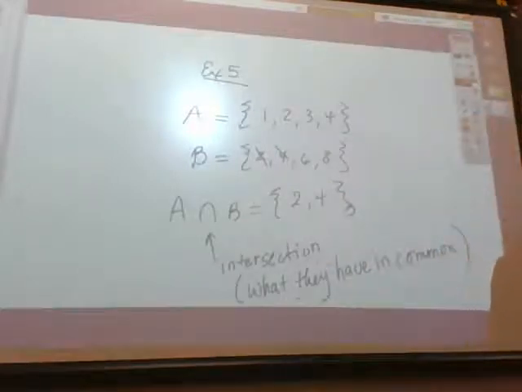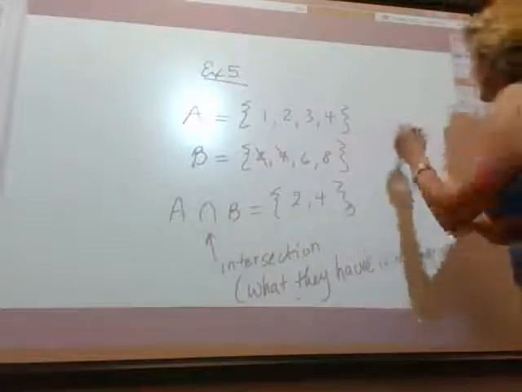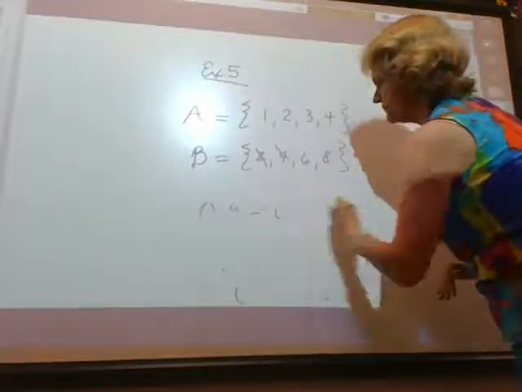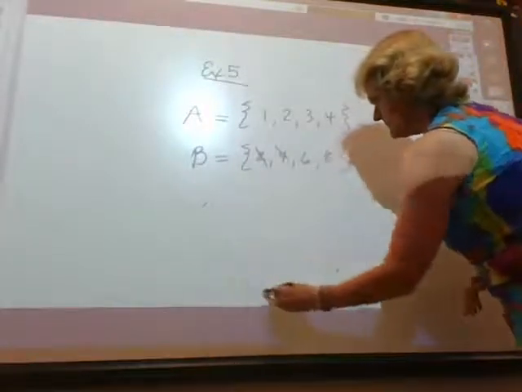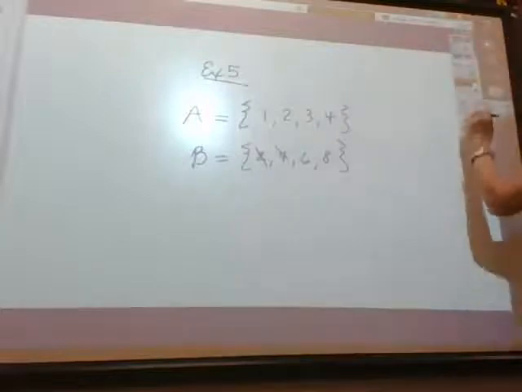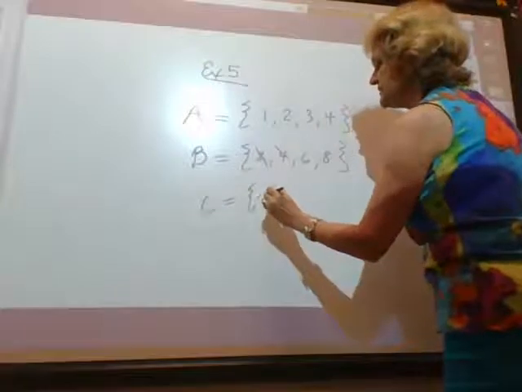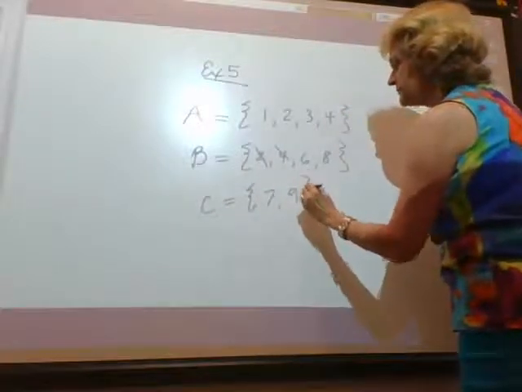Okay, so they have that in common. All right, then lastly, what if they had nothing in common? Let me make one up. Let's just start set C, which is 7 and 9.